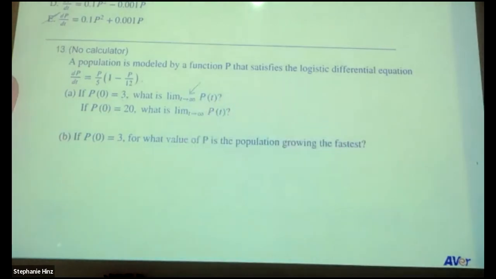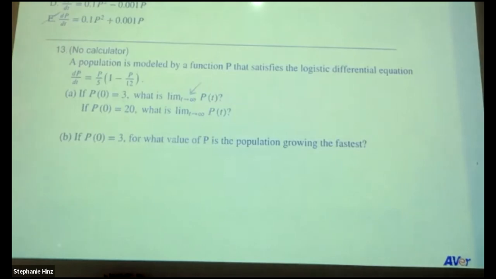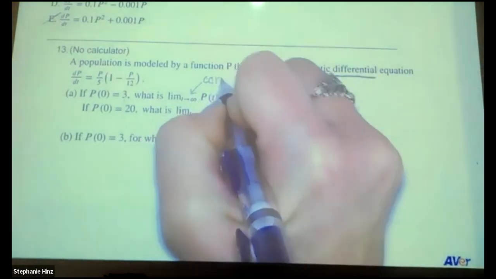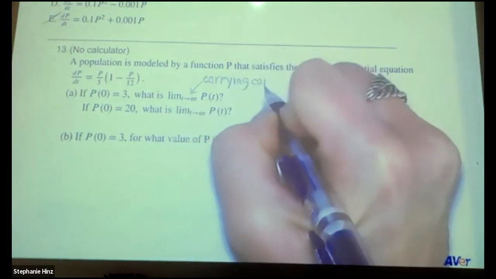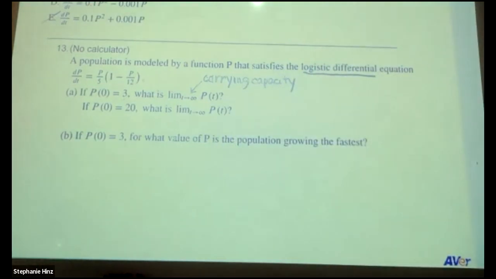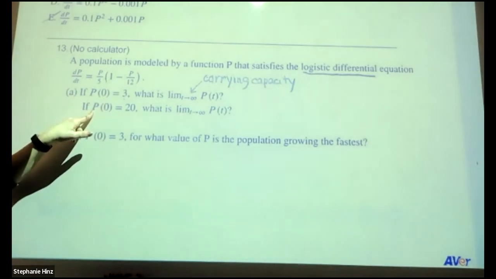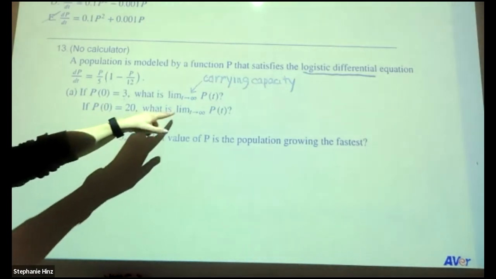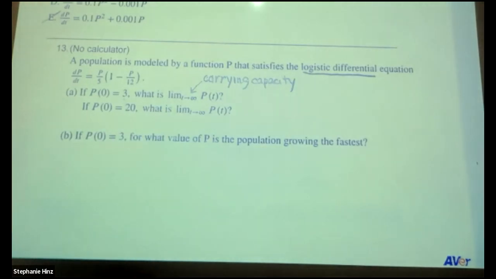Well, you need to know your definitions. The limit as T approaches infinity of a population, that's just my carrying capacity when we're talking about a logistic model. So we want to find our carrying capacity. And then it says if P of 0 equals 20, what is the carrying capacity? Do you remember what I said about a carrying capacity a minute ago?